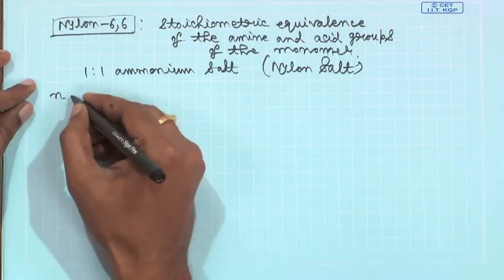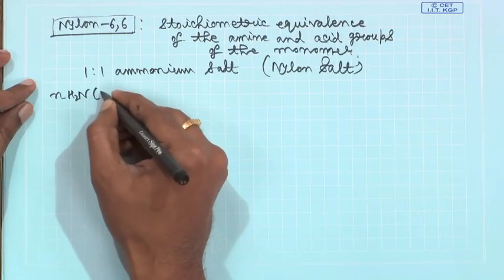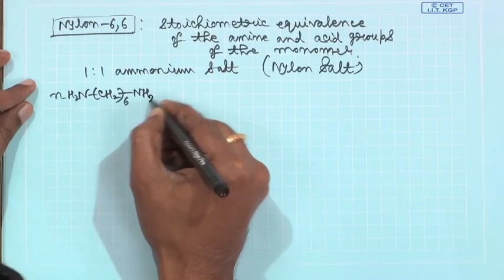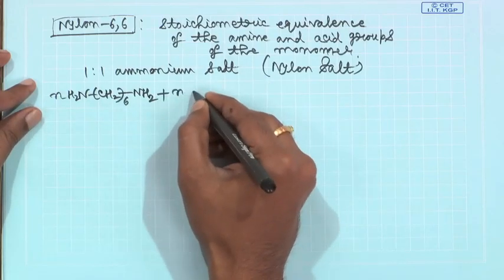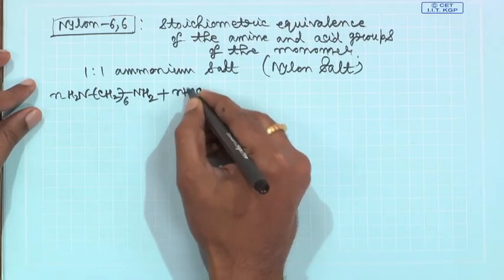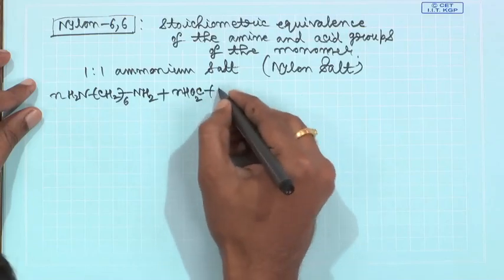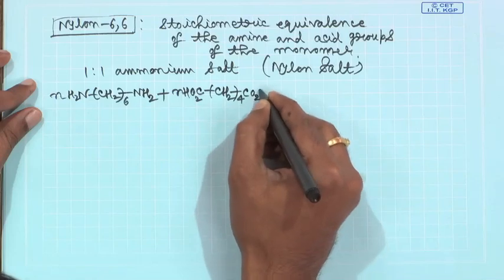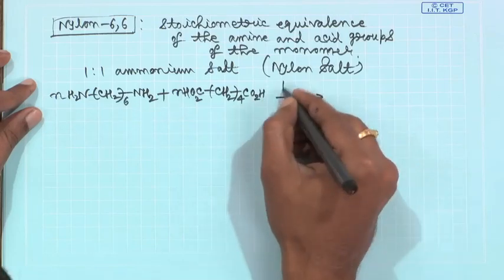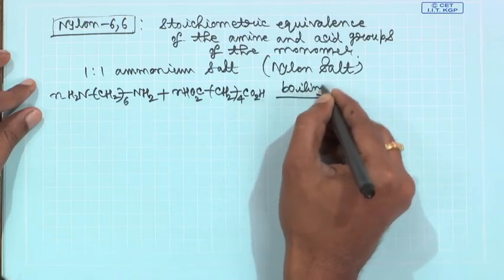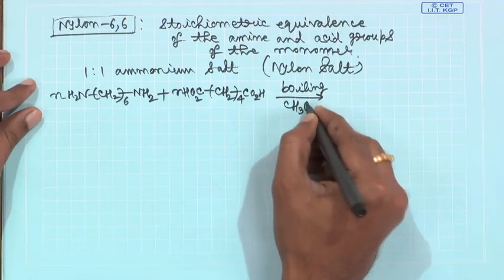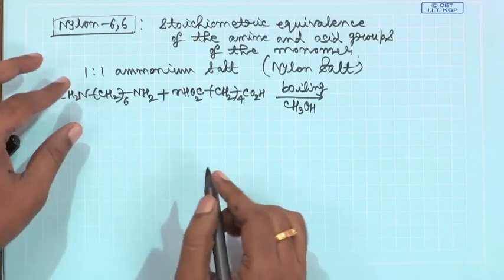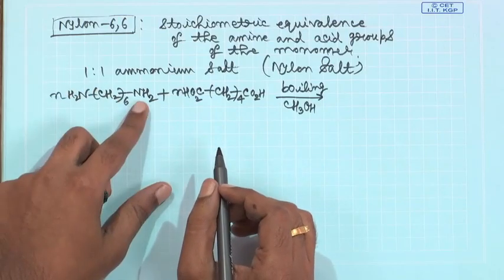You react your hexamethylene diamine with your adipic acid. The solvent that you use is boiling methanol, and then the salt is produced because of the acid base reaction that happens.